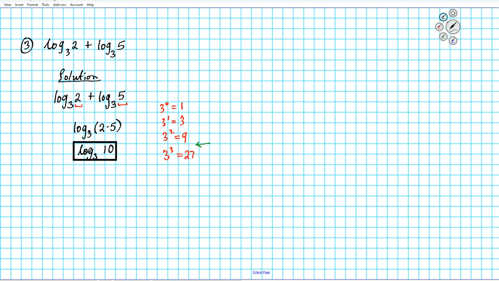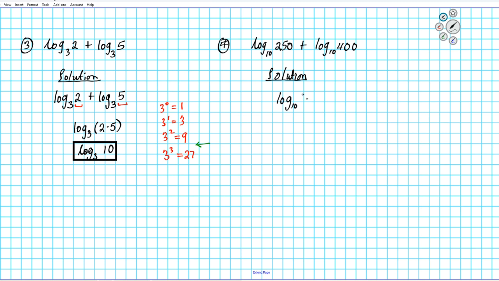Okay, let's move on to the next one, question number 4. What if we wanted to find log base 10 of 250 plus log base 10 of 400? All right, so we're going to express it as a single log first and then simplify if we can.